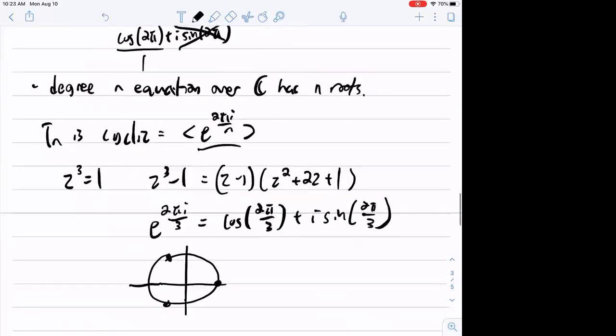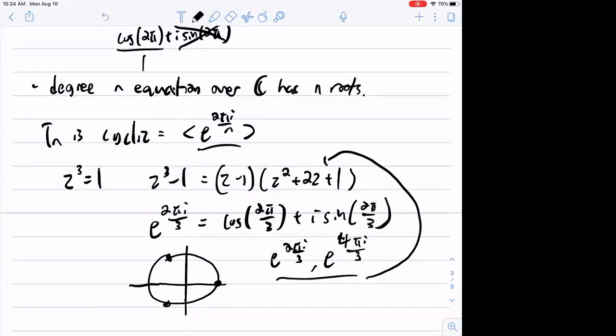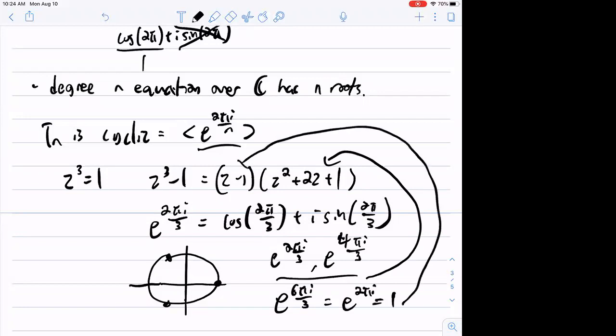So your e to the 2 pi i over 3 and e to the 4 pi i over 3, the second power, are the roots of this thing, right? And e to the 6 pi i over 3 is e to the 2 pi i, and we showed before it's 1, right? So that's a root of this thing.